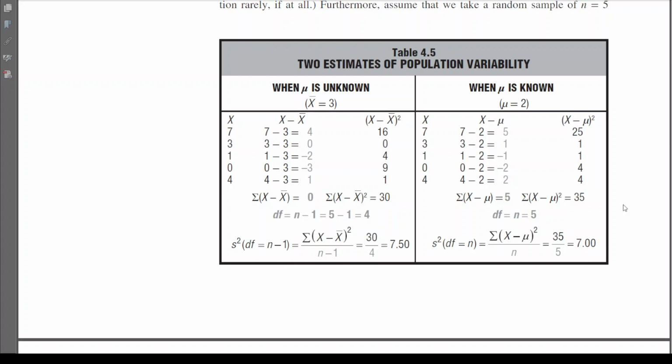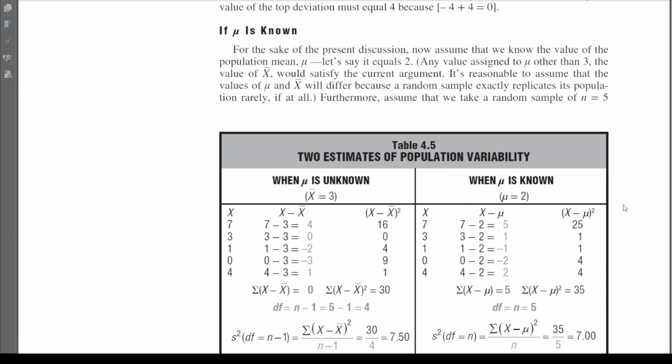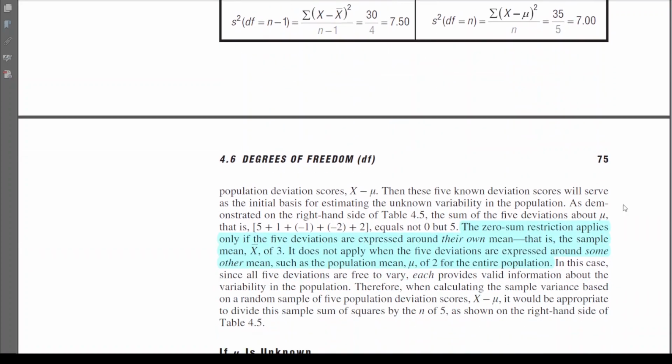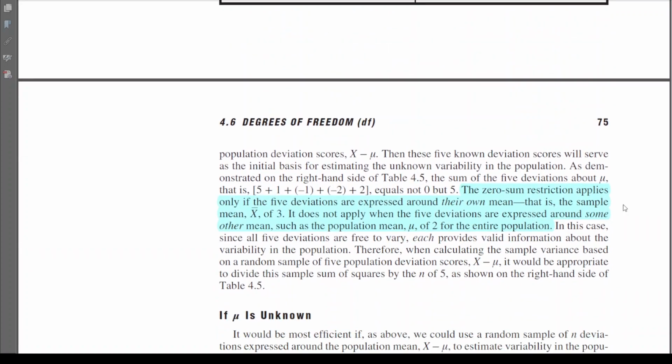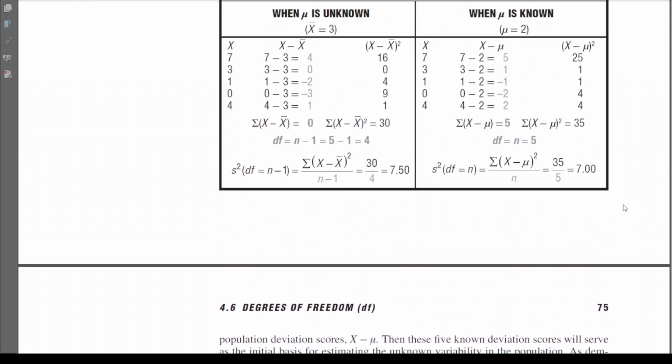So in this case, the fifth observation is also free to vary because the mean is not coming from within the sample. The mean is coming from the population. So all the 5 scores are free to vary around the mean. In this case, to find out the variance, we can have 5 in the denominator, as is shown here.